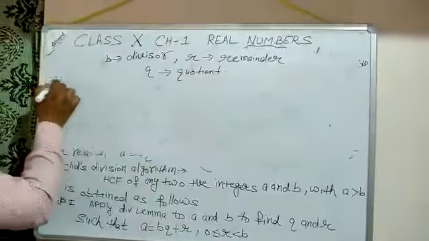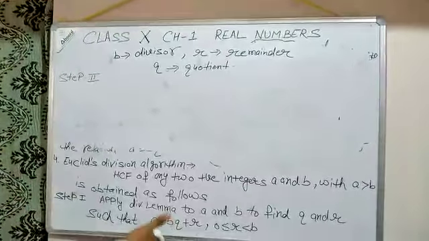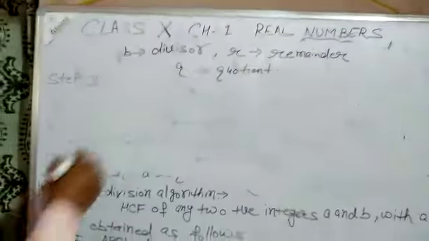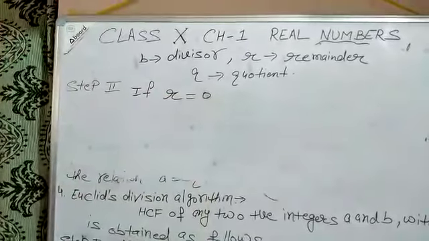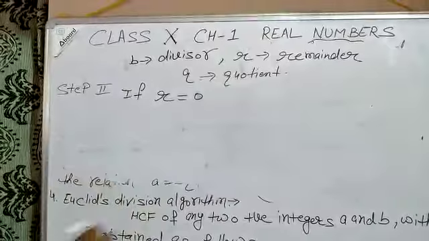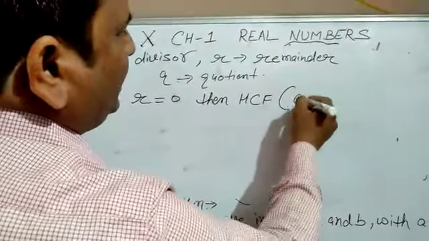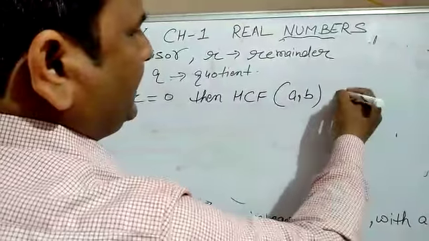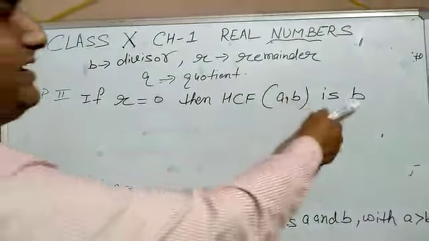Step number 2. In your first step, you apply the property a equals bq plus r. In step number 2, if your remainder is equal to 0, very important step, try to understand carefully, then the HCF of a comma b is b, that is your divisor.